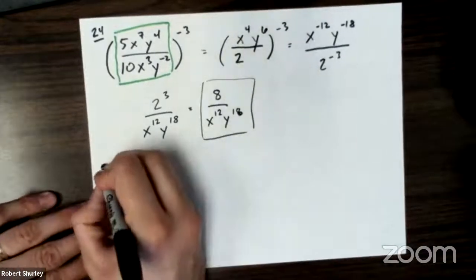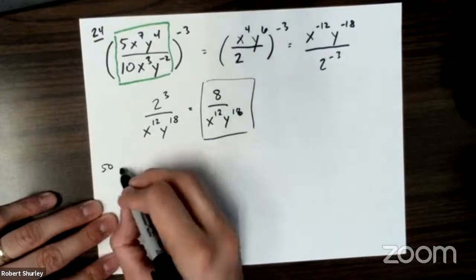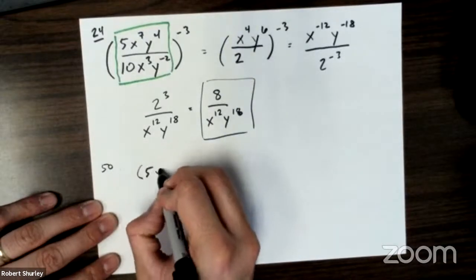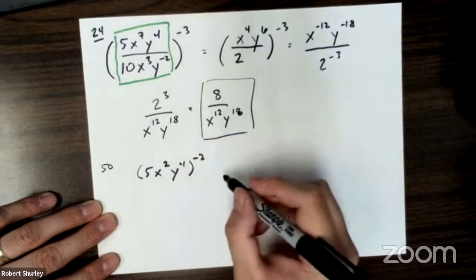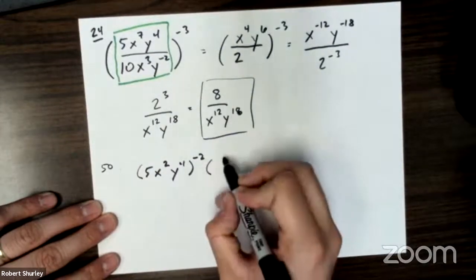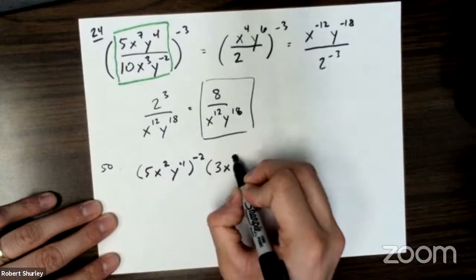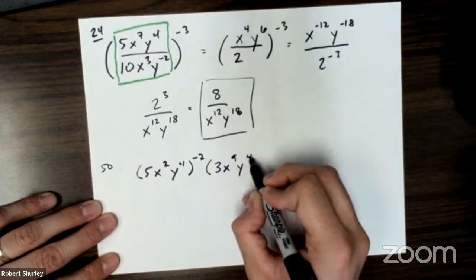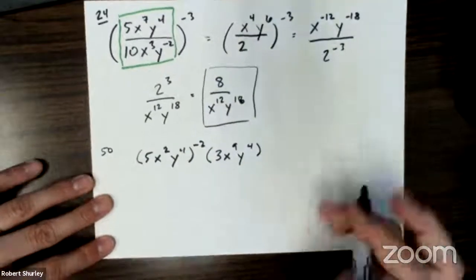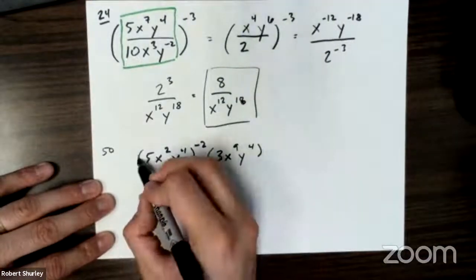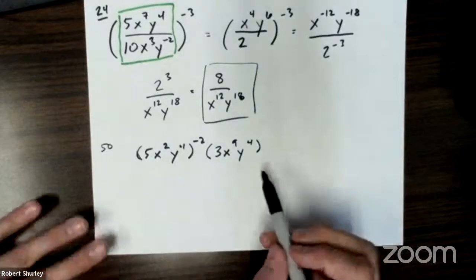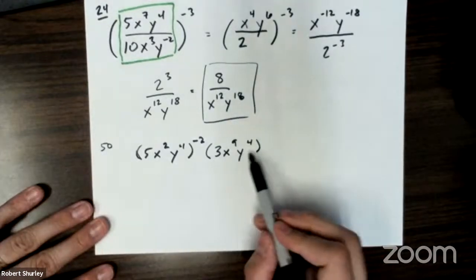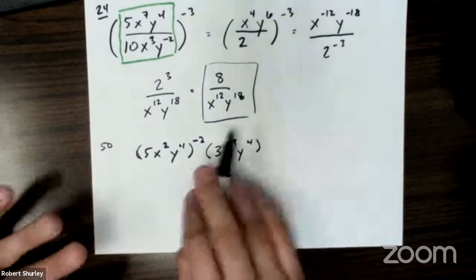This is on the next page. Number 50, and it says 5x squared y to the 4th, raised to the -2, times 3x to the 9th y to the 4th. Now, this parentheses here is not raised to a power, so we're fine there.